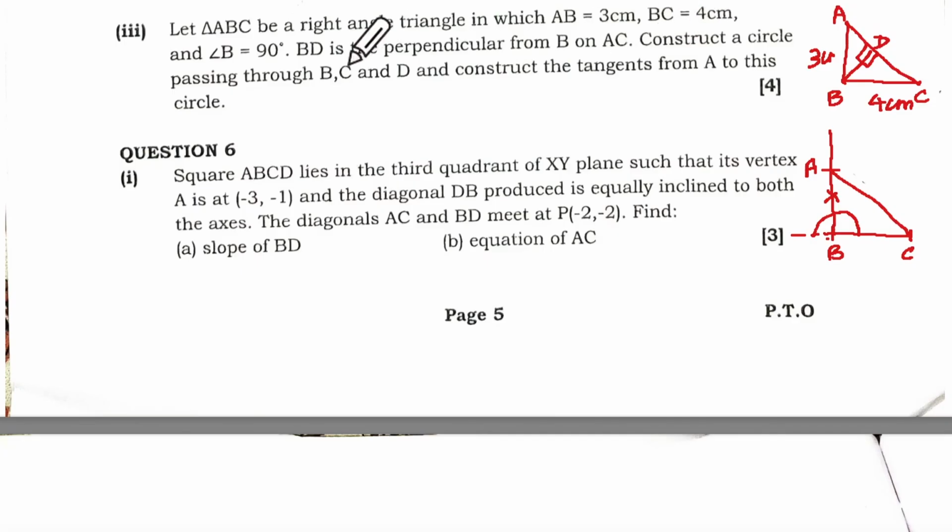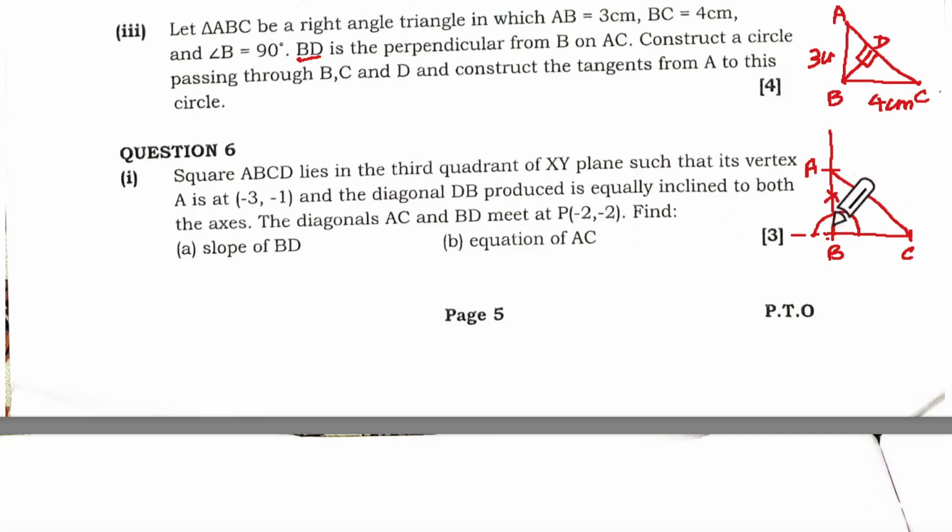Then construct the circle passing through B, C and D. See, they are not telling you to construct BD. Can you see over here? Are they telling you to construct BD?